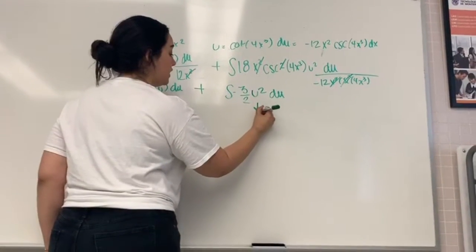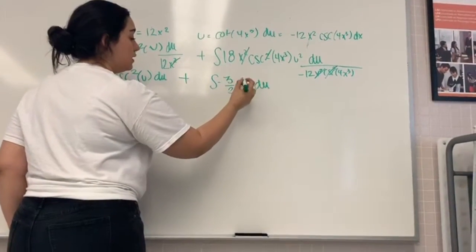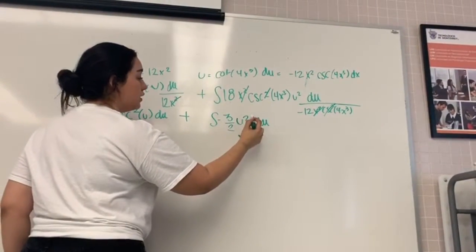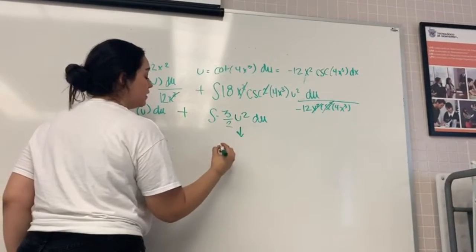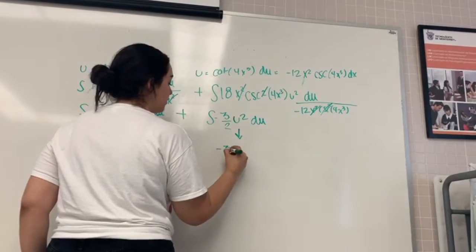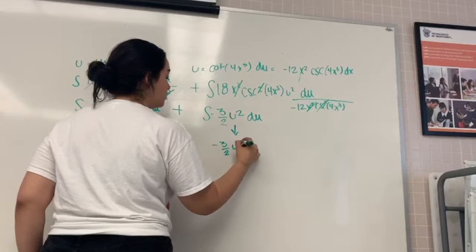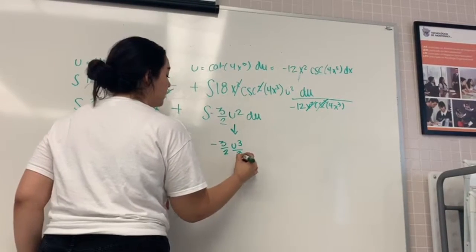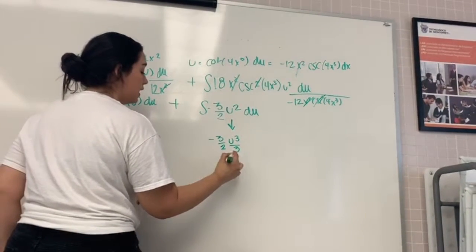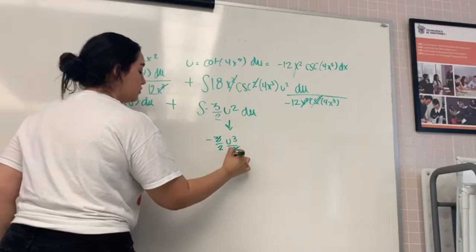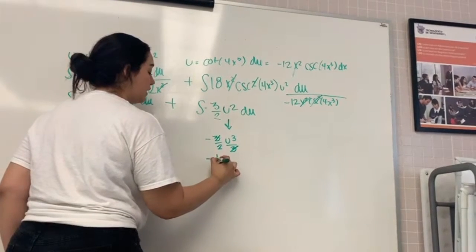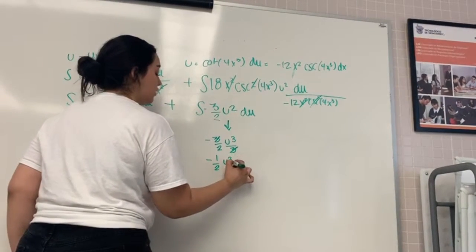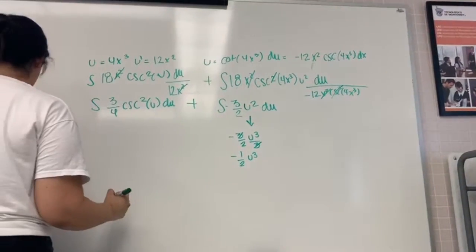What you have to do here is add 1 to the power and then divide. So you will get negative 3/2 u to the 3 over 3, and then you multiply, and this cancels out. So you have negative 1/2 u to the 3.